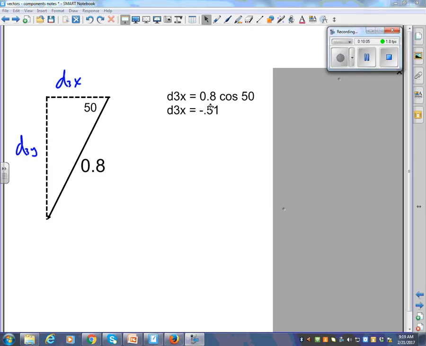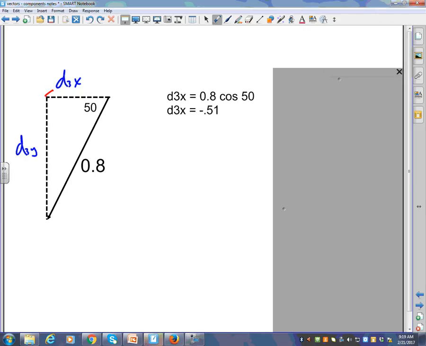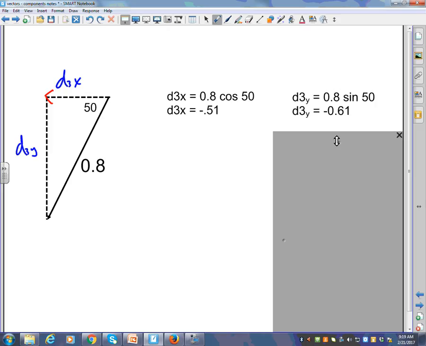Does your calculator give you the negative in this, negative 0.51? It does not. Why is it negative? Because the x is to the left. Is that important? Super important. You have to get that right. And you'll also notice that the y here is down, so it's also going to be negative. 0.8 sine 50, down, minus 0.61.